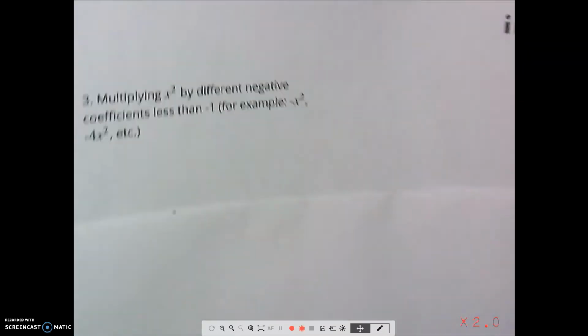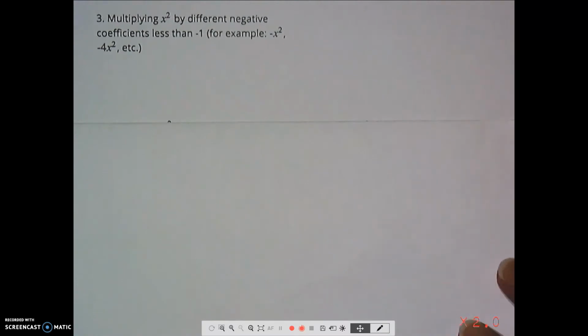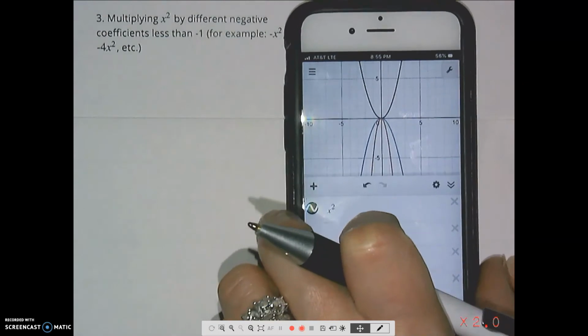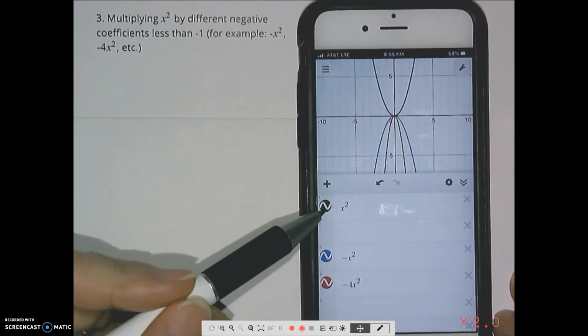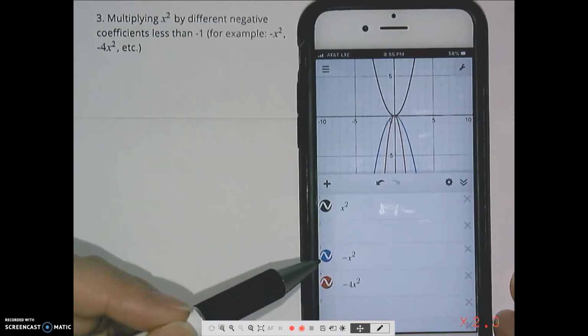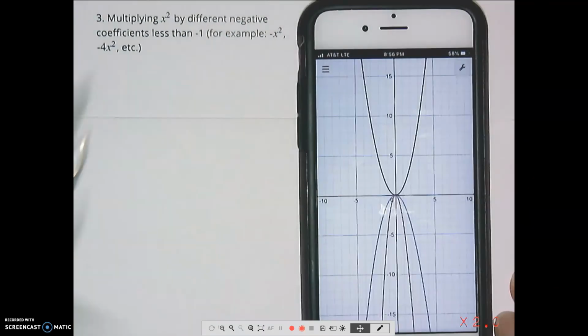So what happens if we multiply x squared by different negative coefficients? Again, we have our functions typed in here. The original, the parent function, y equals x squared, is in black. y equals negative x squared is in blue. And y equals negative 4x squared is in red. So I'm going to get rid of those.